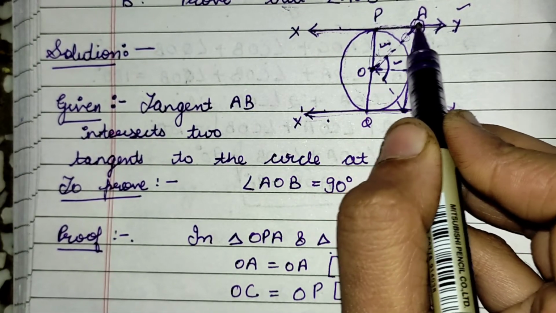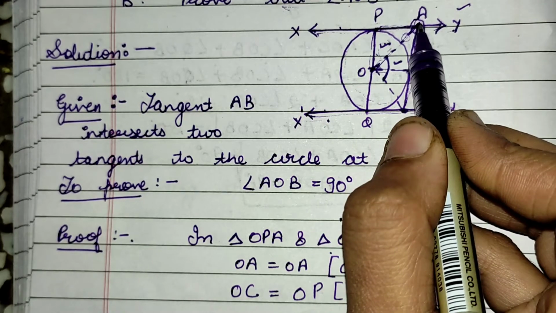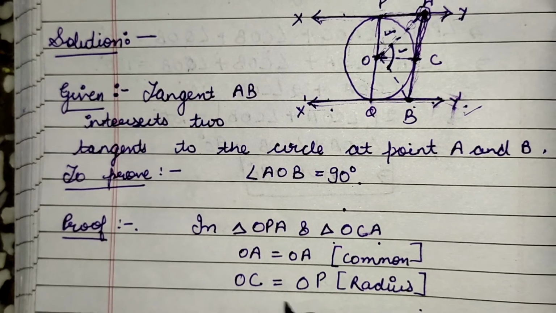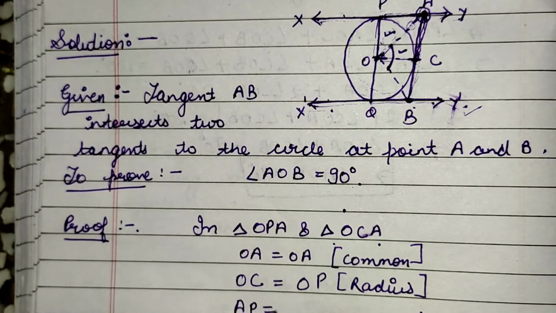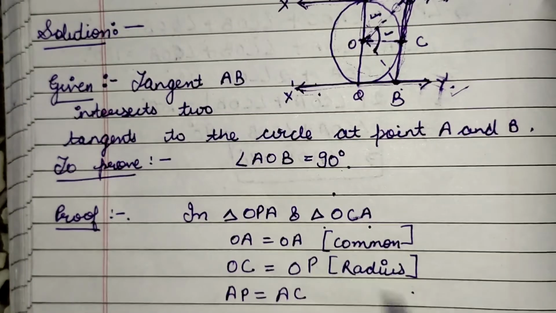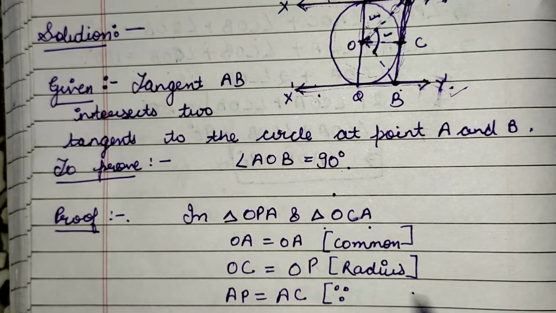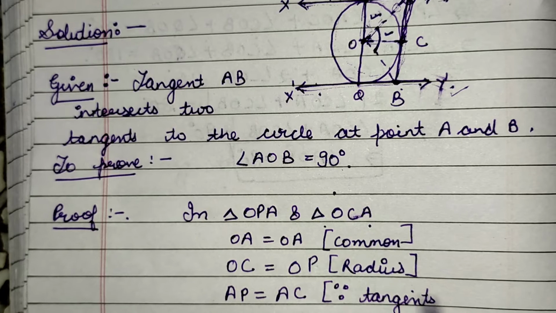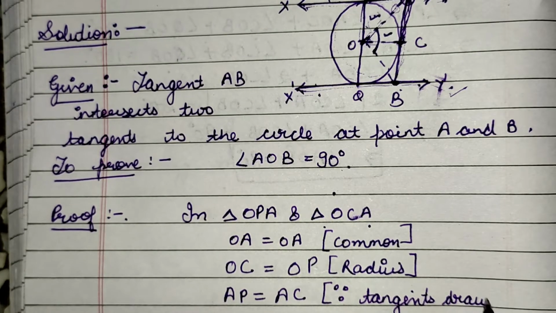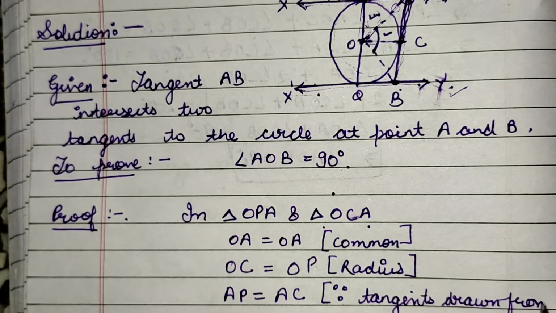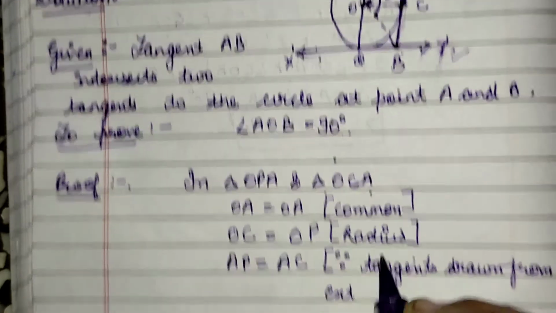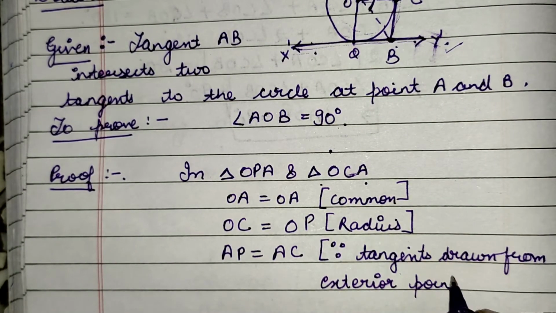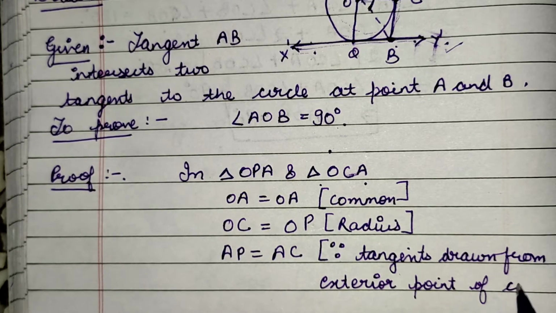If any two tangents are drawn from the exterior point of the circle, then the lengths of the two tangents are equal. We have proved it in theorem number 10.2. AP is equal to AC. Why? Because tangents drawn from an exterior point of the circle are equal.